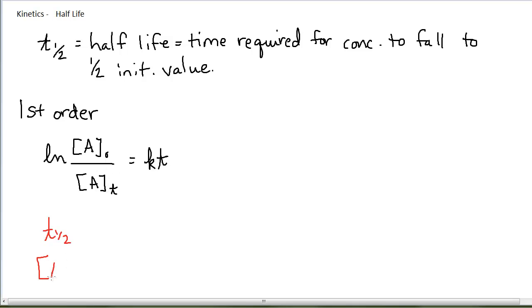So the concentration at time T would be 1/2 of A0. If I plug into this first-order equation, substituting T1/2 for T and 1/2 of A0 for At, my expression looks like this.